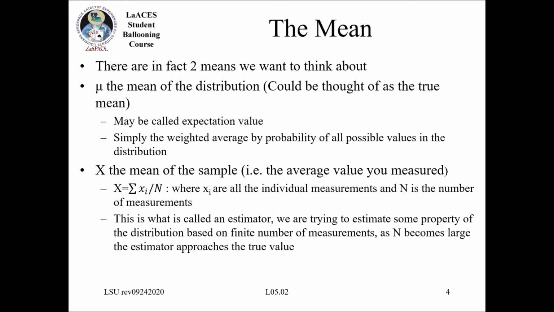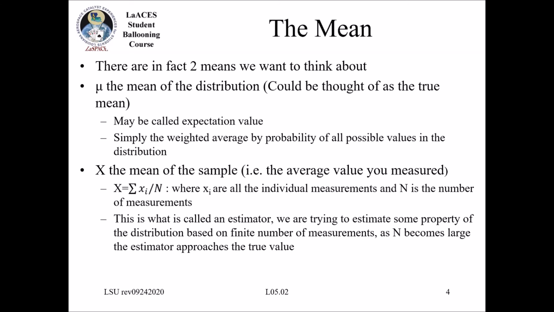But that's calculated exactly how you normally think an average is calculated. You take the sum of all the values and you divide by how many there are. But one thing to note is that the mean of the sample gives you an idea of what the mean of the distribution is for those measurements.